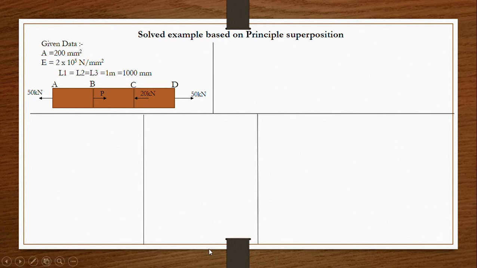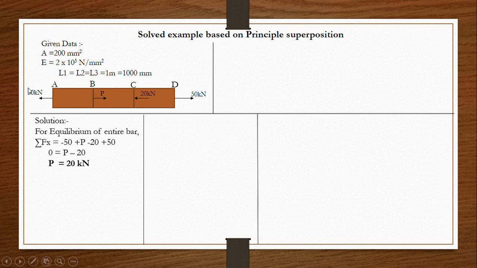As we can see, the first part is sustained by the 50 kN pull force on the left-hand side, and 50 kN on the right-hand side. You should keep in mind that the algebraic sum of all forces in equilibrium will be 0. That means whatever force is going to the left-hand side will be negative, and the force going to the right-hand side will be positive.